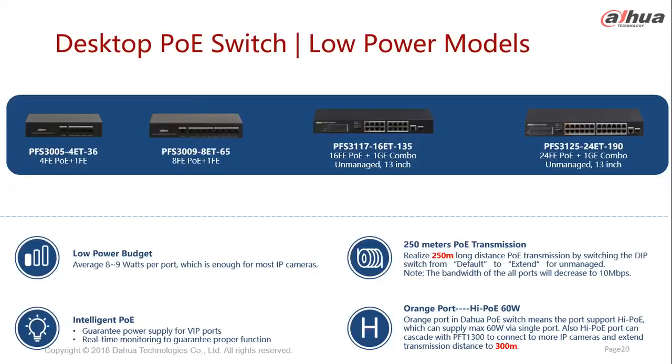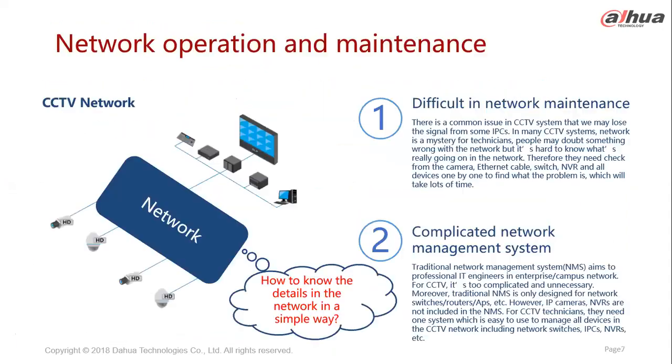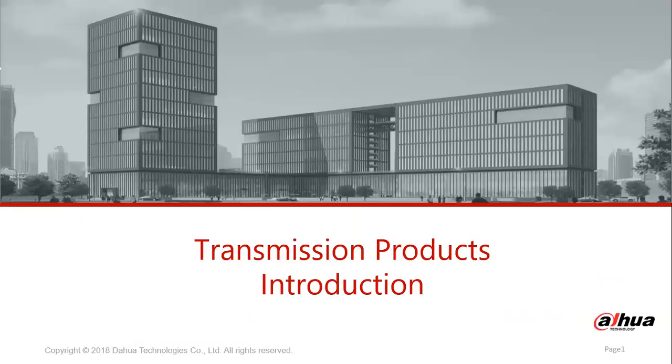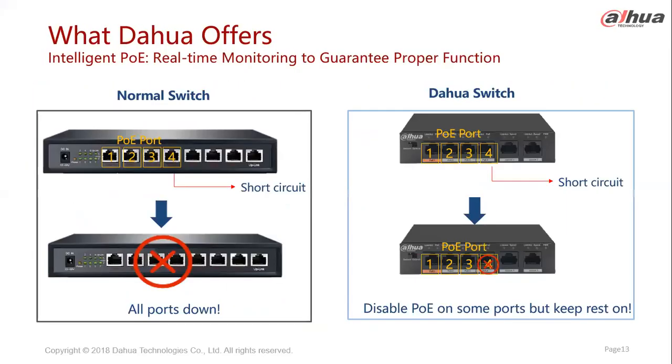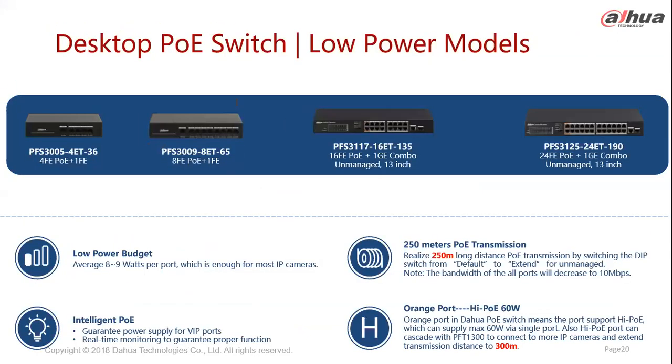Okay, I can't seem to locate the classification of the network switches, but basically the access switches are the switches that connect to the end devices. Then you have the aggregation, then the core.